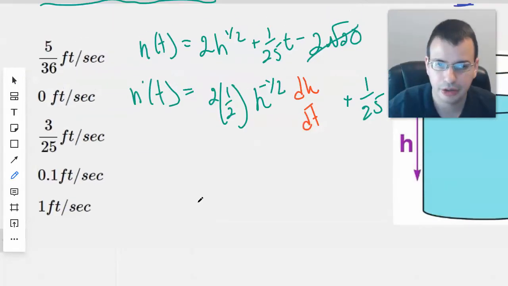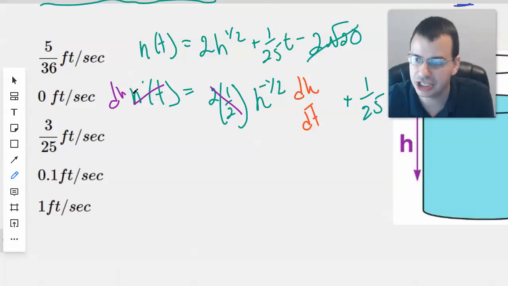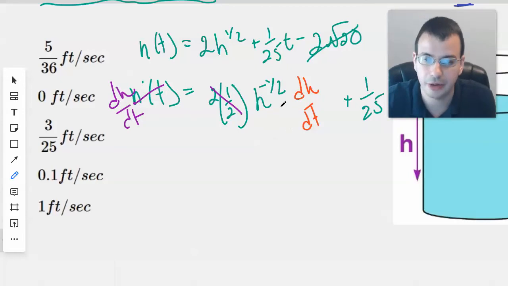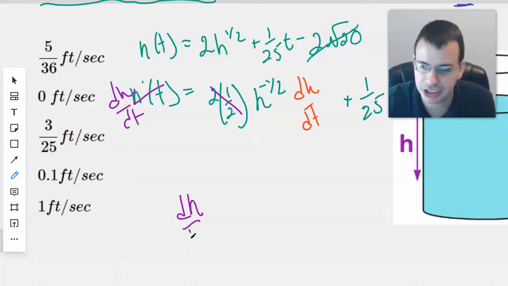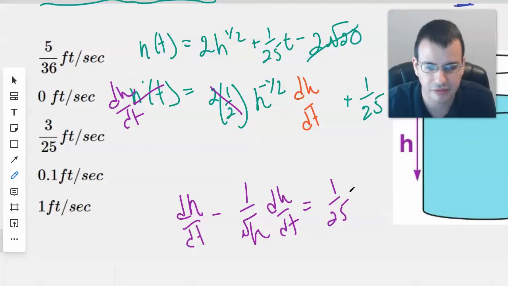It'll add some excitement to our otherwise dreary existence. So that's just 1, and I'm going to rewrite this as dh dt, moving this over to this side. So we have dh dt minus 1 over square root of h dh dt equals 1 over 25.